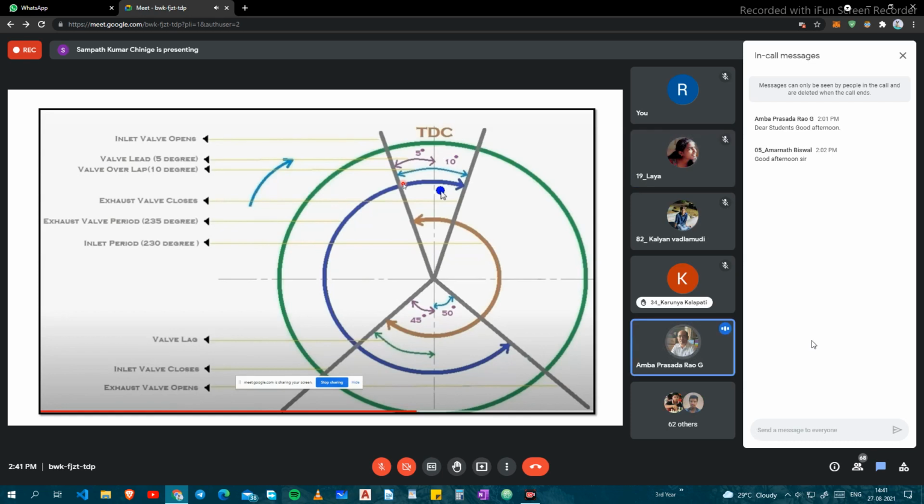So this is the way we have to understand the absolute time and the speed with which the processes are happening. So drawing the valve timing diagram will give insight into how things are happening in a typical automobile engine.